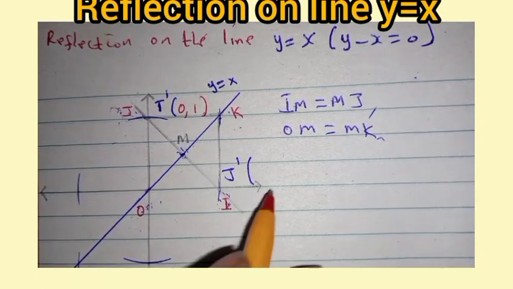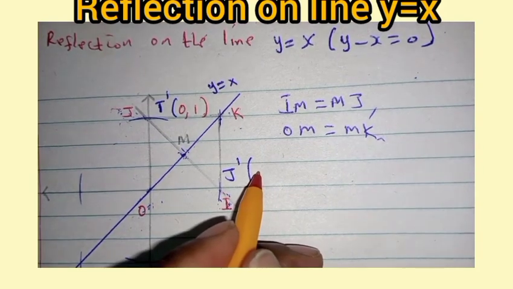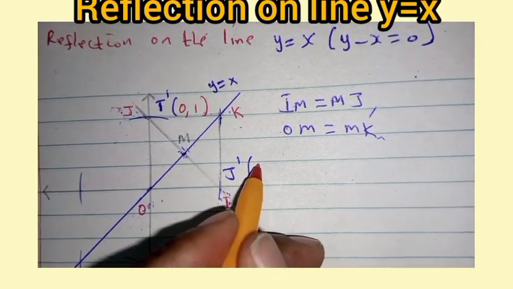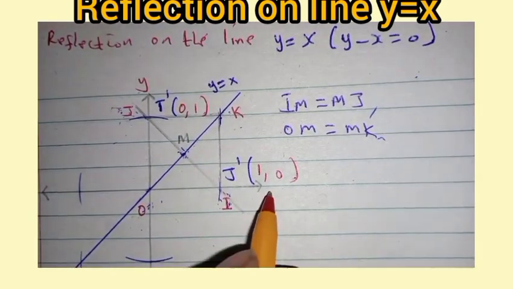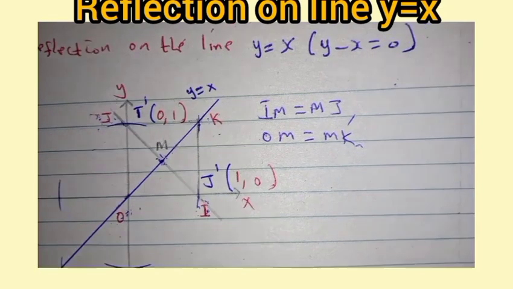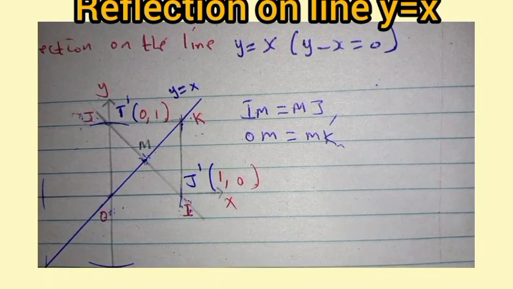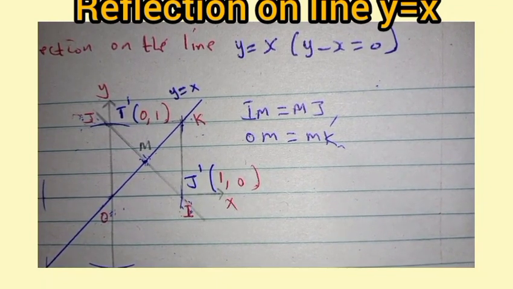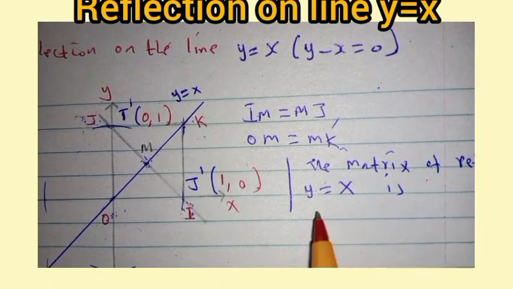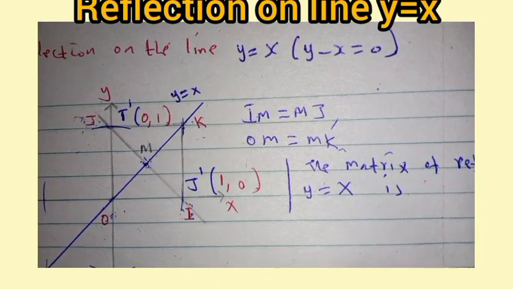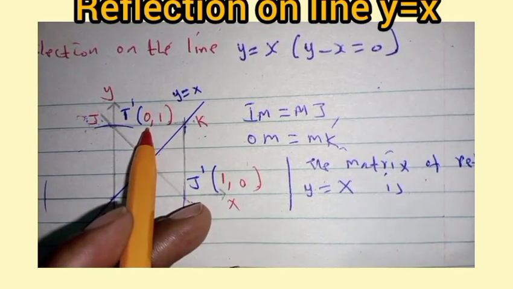So you can see clearly here that J is along the x-axis. This is 1, 0. So this is the y-axis and this is the x-axis. Then from there, what you do is very simple. The matrix of reflection on the line y is equal to x is, always you write your matrix by beginning from that of I. So it will be 0, 1.